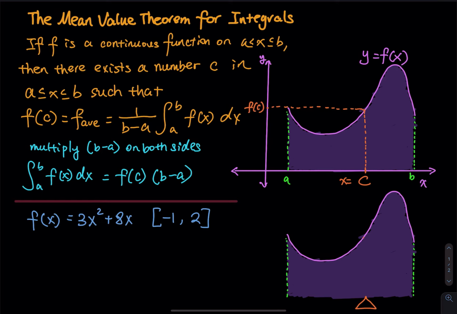So what is so special about this f of c? We call that the average value. But what does average value mean? Look, if you cut the graph right there at f of c, let's say I draw a straight line to cut the graph, what that means is I can take this piece, do you see this piece? I can take this area and fill this region.